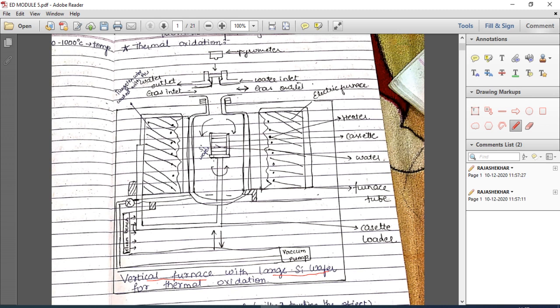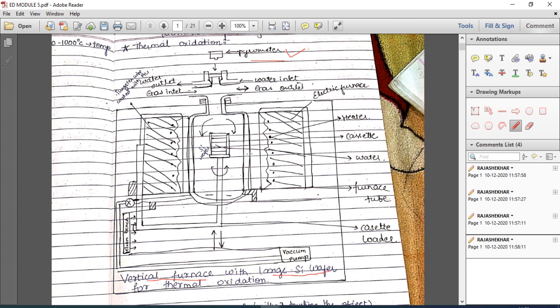Before explaining this, first we need to understand what things are used to construct this vertical furnace. Now we will start with the top. First we have a pyrometer. This is the symbol of the pyrometer. The role of the pyrometer is just to measure the temperature of the object.